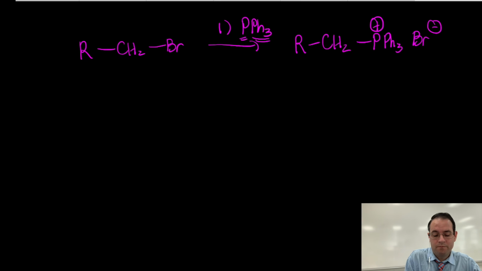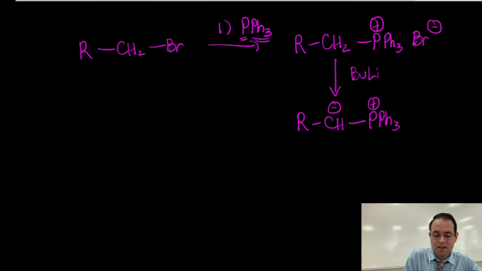Okay, and R can be anything you want. Remember, again, it should be primary or secondary. And then if we treat this with butyl lithium, that's going to make the ylide. Okay, so we're removing 1 hydrogen or 1 proton from that carbon.